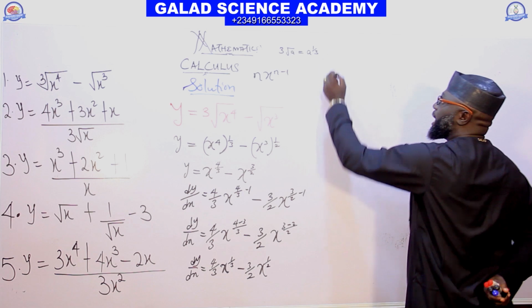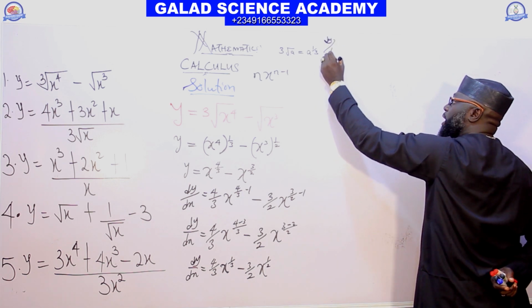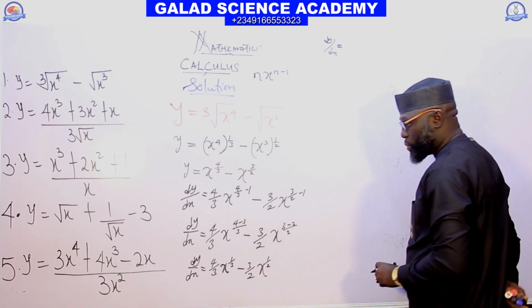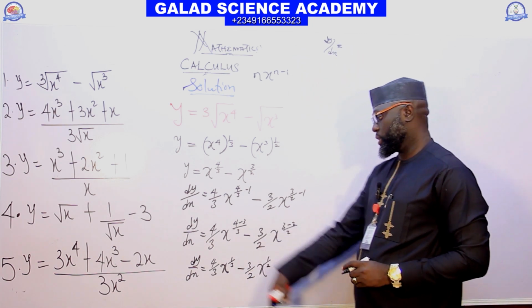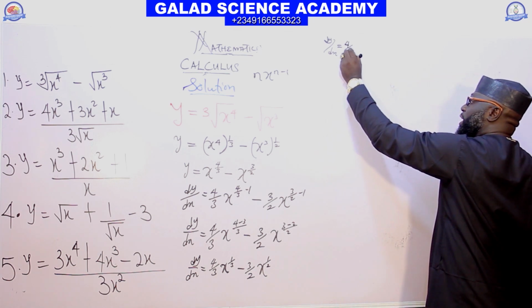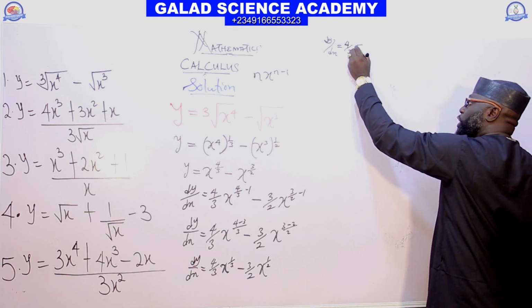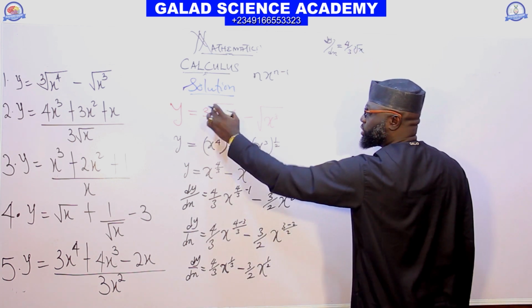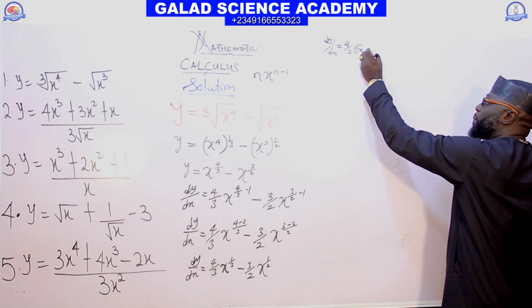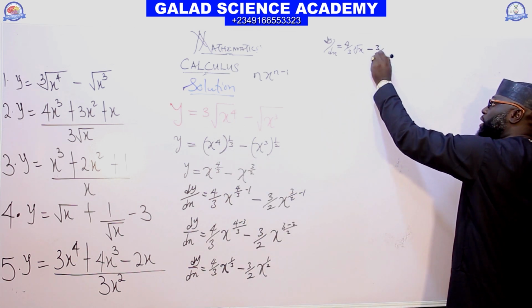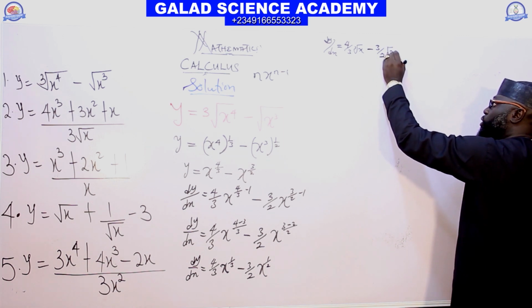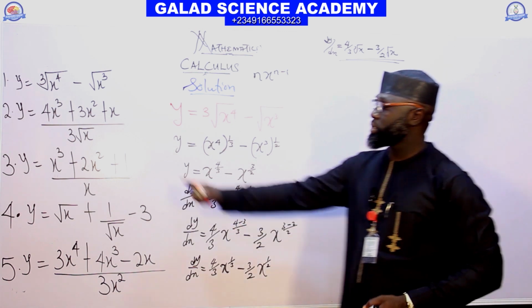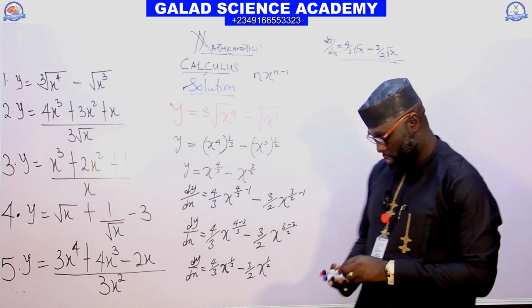So the final answer, dy dx, will be 4 over 3 into cube root of x, minus 3 over 2 into square root of x. So that is the final answer for the first question.